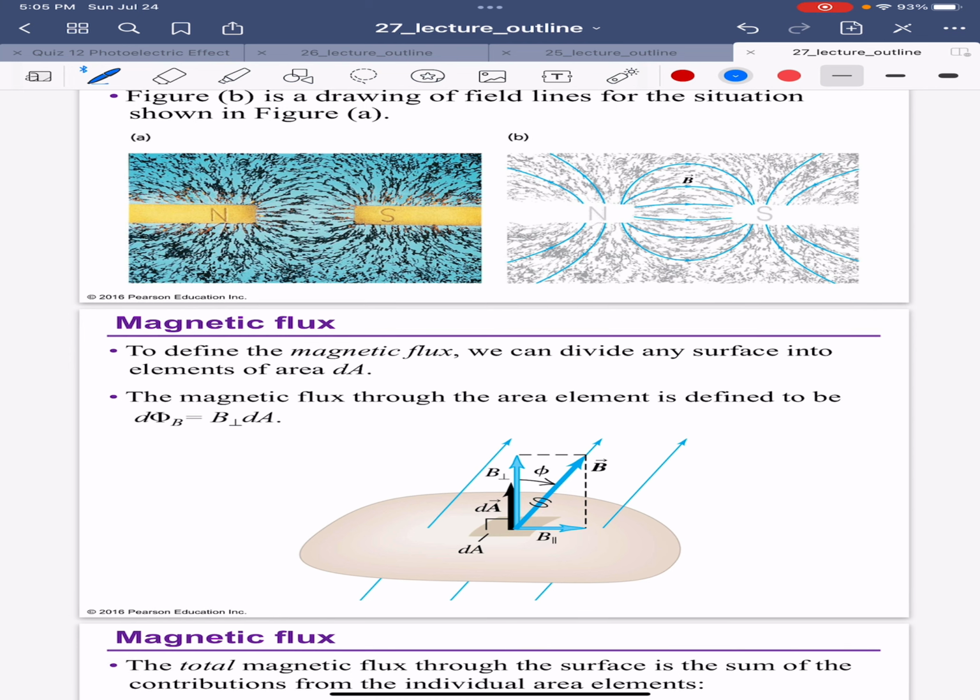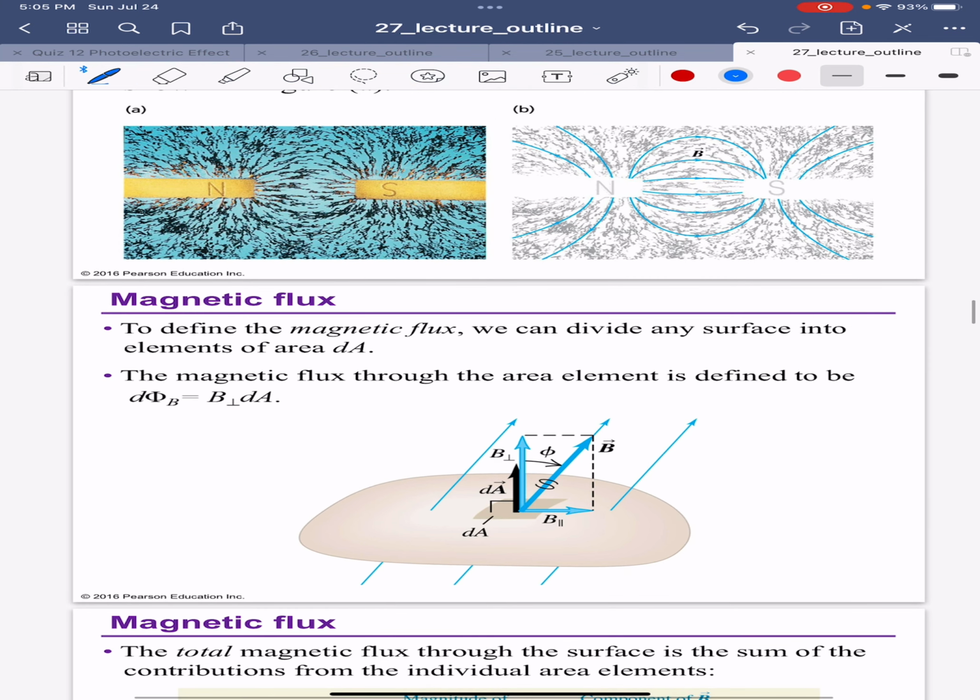Another important concept is the magnetic flux, and for all the fields we calculate the flux. The magnetic flux can be calculated by dividing any surface into small elements of area, which we call dA. Whenever you have an area, the area vector is going to be perpendicular to the surface.